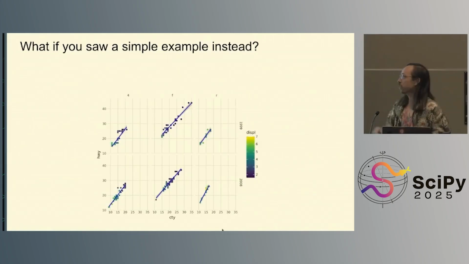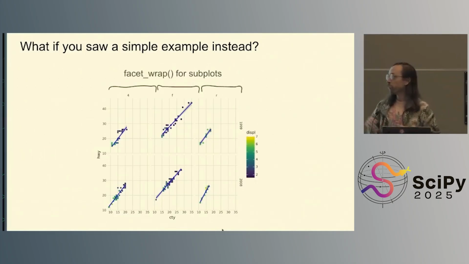But what if you saw a simple example instead? So what if you saw a really simple plot that used some key pieces of Plot9? For example, what if it used facet wrap to create subplots? This helps set up a sense for how Plot9 puts things together.